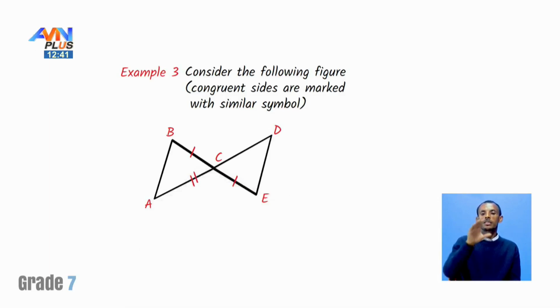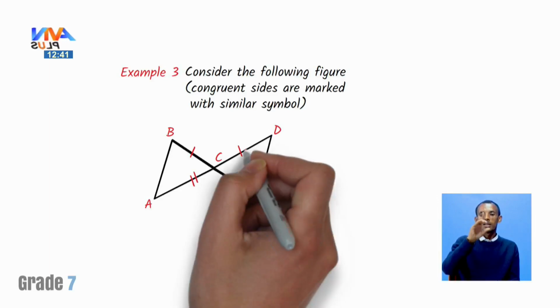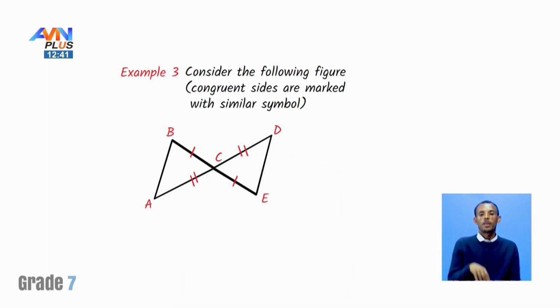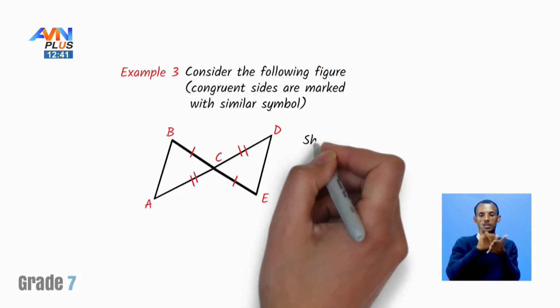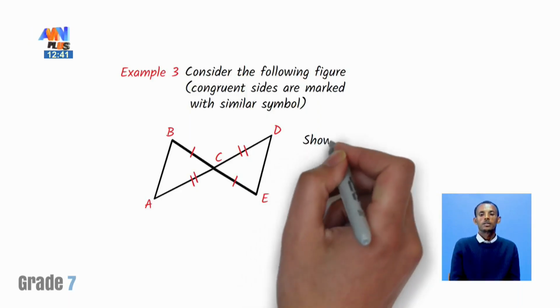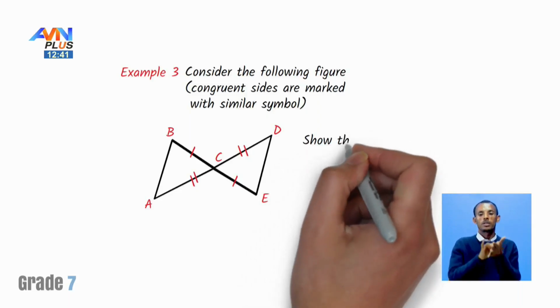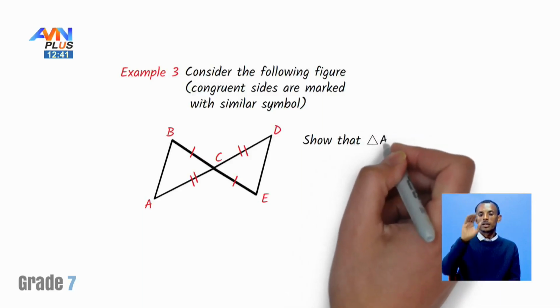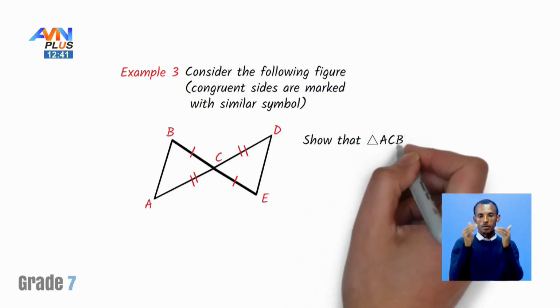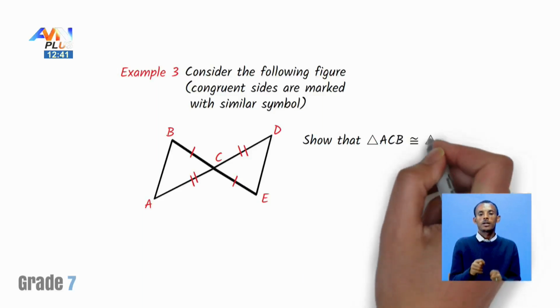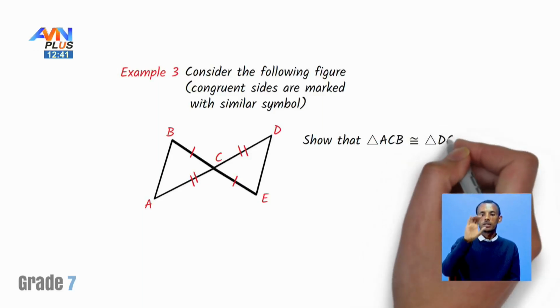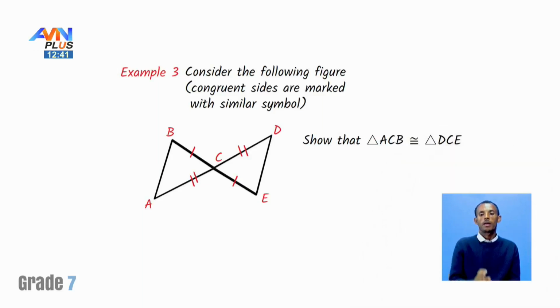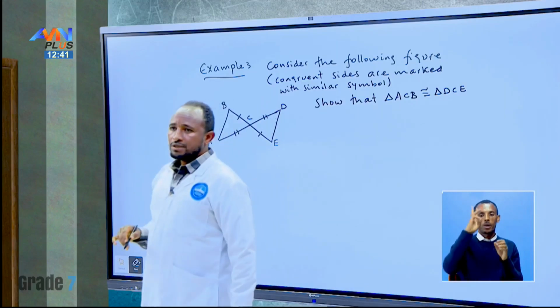Again, this side AC is congruent to side CD. So show that triangle ACB is congruent to triangle DCE. So I will give you 30 seconds for this.